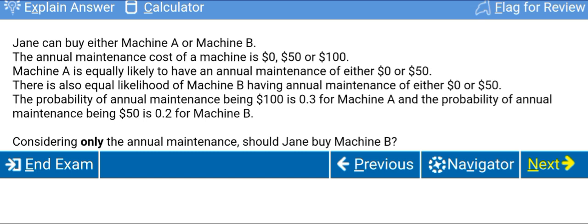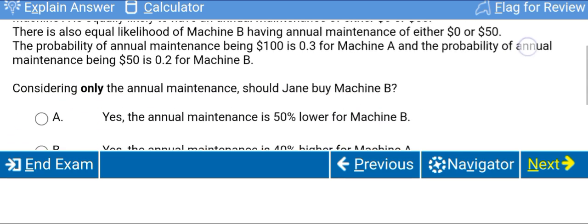There is also equal likelihood of machine B having annual maintenance of either $0 or $50. The probability of annual maintenance being $100 is 0.3 for machine A, and the probability of annual maintenance being $50 is 0.2 for machine B.